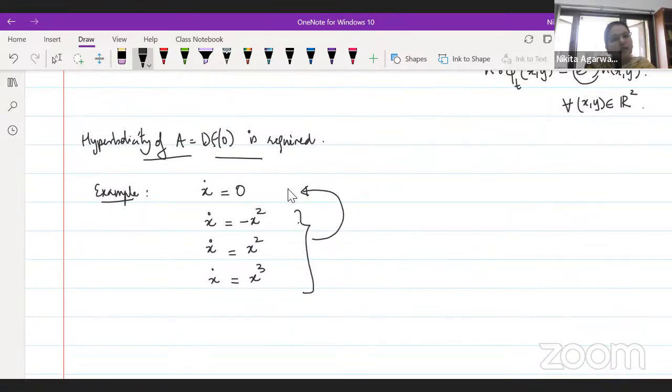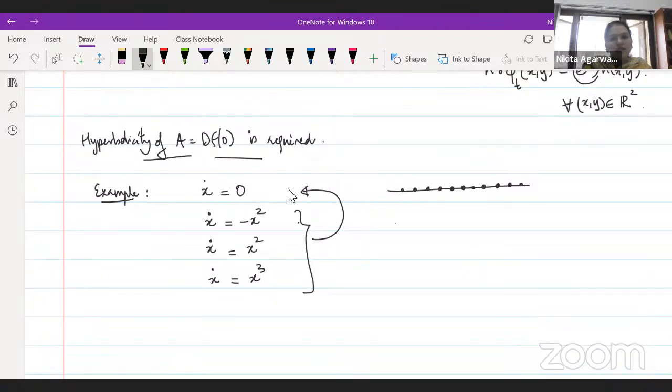Now let us see the qualitative behavior of all these systems individually. What happens to the first system? X dot is 0, that means x does not change with time, meaning that if you start with any point on the real line, you stay there. You don't move at all.